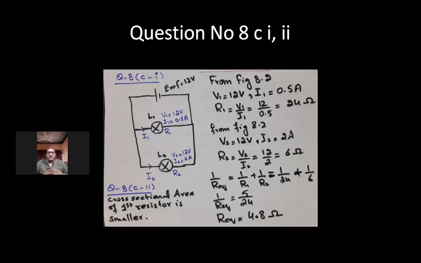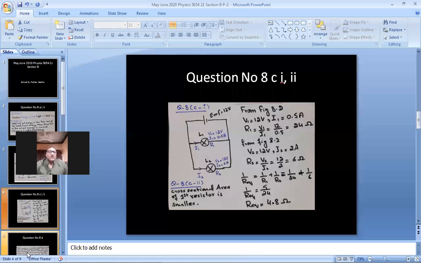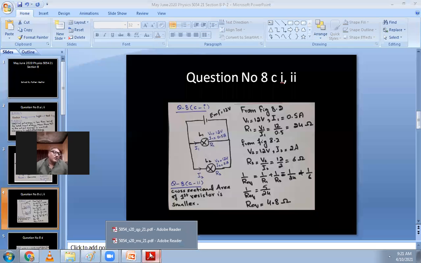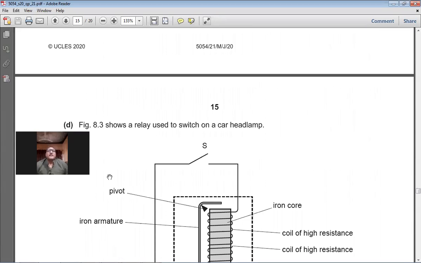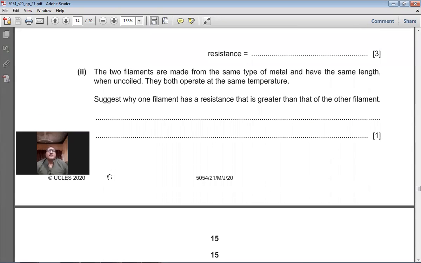The next question, before going to the question, let me show you the question. The next question is: the two filaments are made from the same type of metal and have the same length. When uncoiled, they both operate at the same temperature.